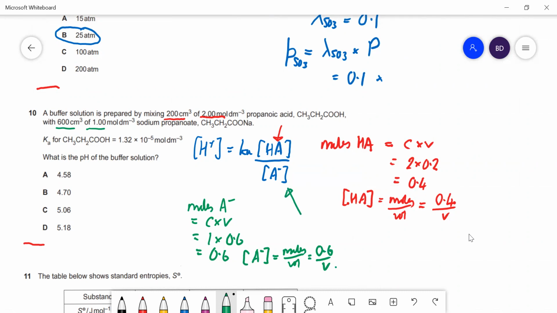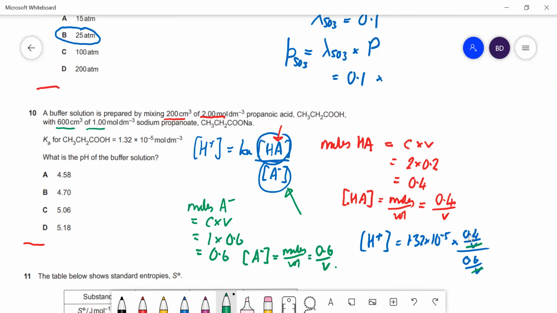Okay, let's do that. So we get H+ is equal to the Ka, which is 1.32 times 10 to the minus 5, multiplied by 0.4 over V for HA, and for A- 0.6 over V. Those V's are going to cancel out because they're both in the same volume, obviously.